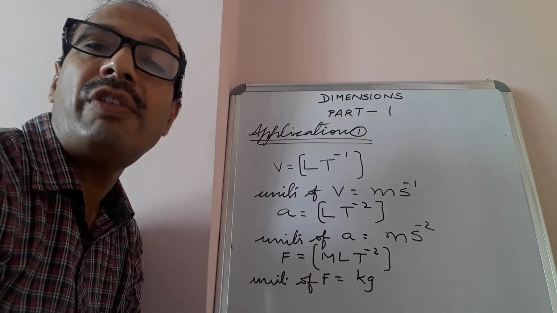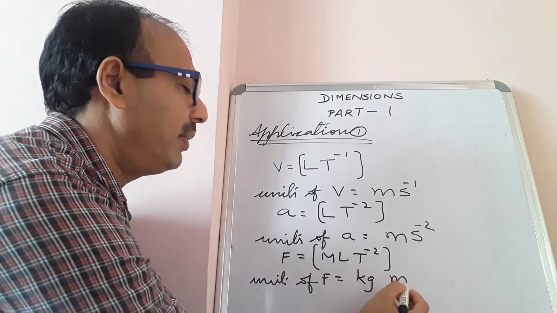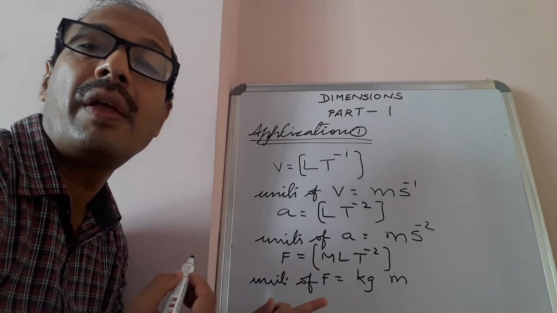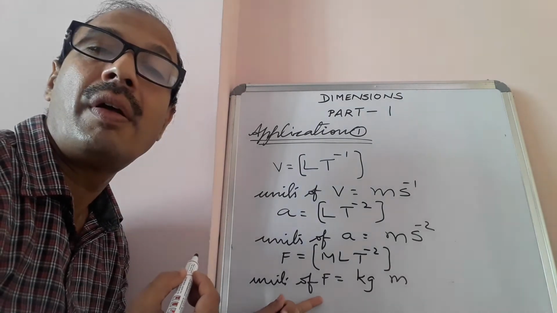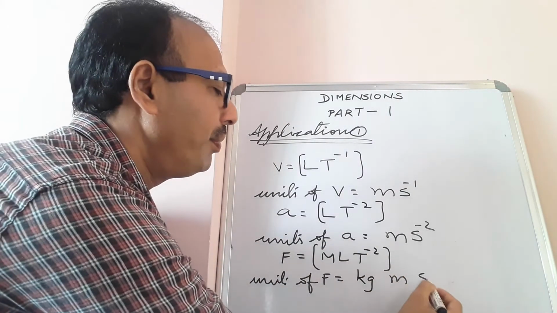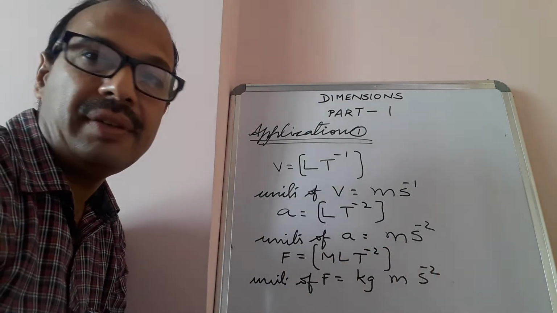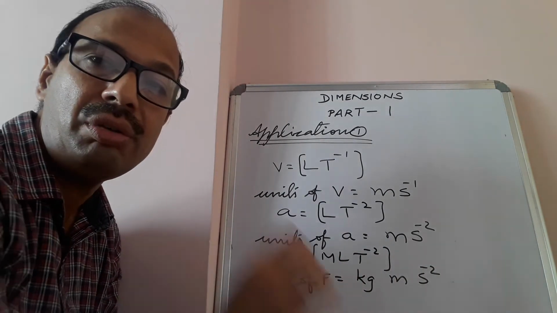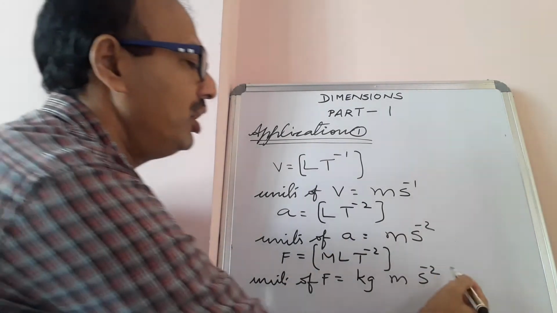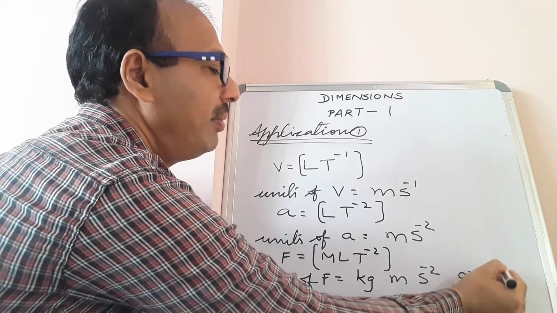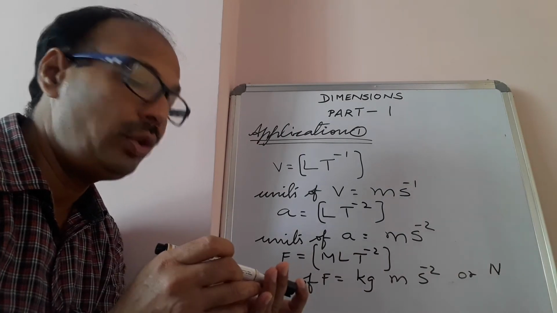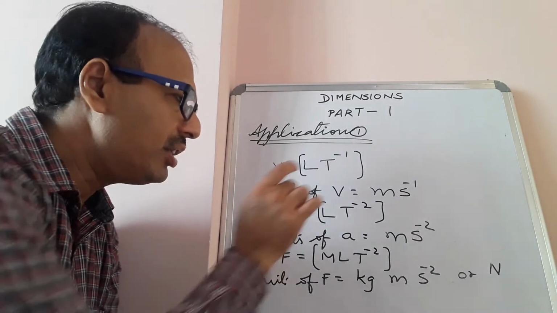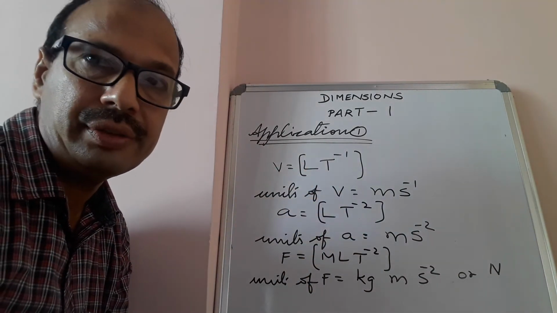What is the unit of length? Meter. And time? Second. So, kg meter per second square is the unit of force. This is also written as Newton.